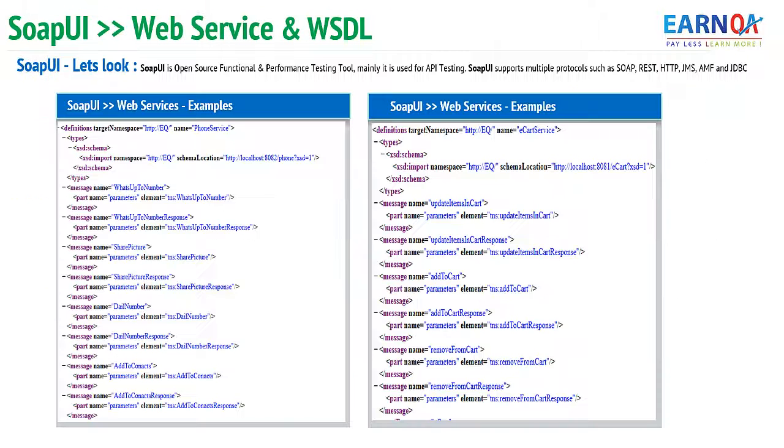When we say WSDL, how does that WSDL look? If you look at the screen, there are two examples. One is the phone service. The other one is the e-cart service. In the phone service, let's assume we have a lot of functionalities like calling a number, using WhatsApp, saving a number into the contacts, and sending a message.